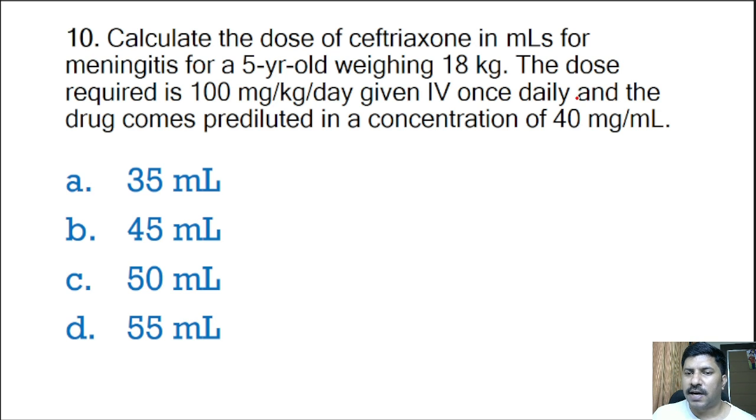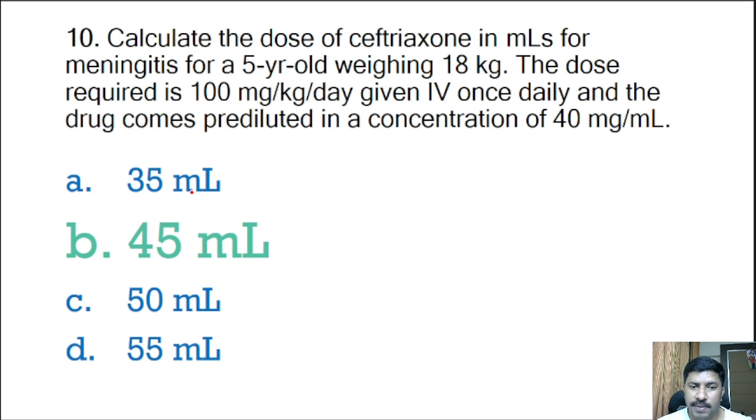That is, we need to administer once daily, and the drug comes pre-diluted in a concentration of 40 milligram per ml. Available dose is 40 milligram per ml. Options 35 milliliter, 45 milliliter, 50 milliliter, 55 milliliter. Correct answer 45 milliliter. We will go to the solution, how to find the answer.